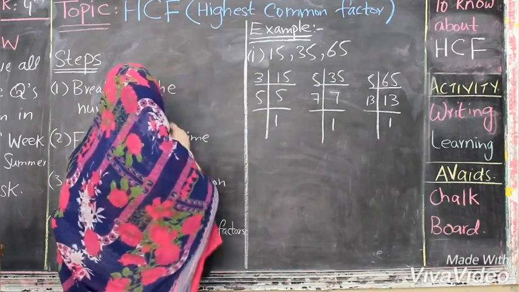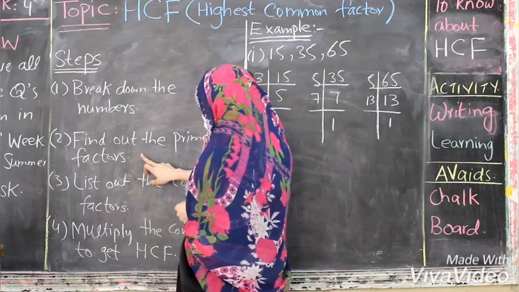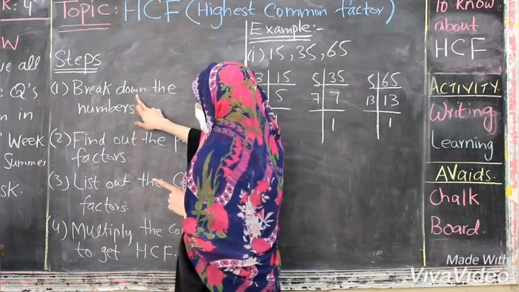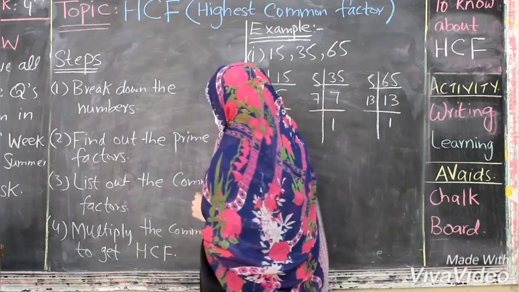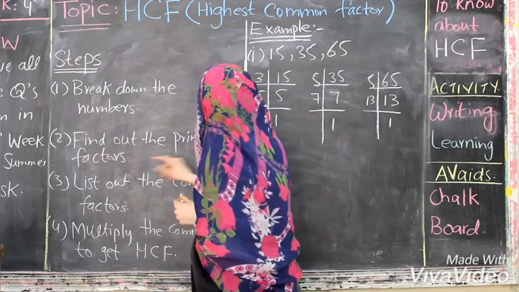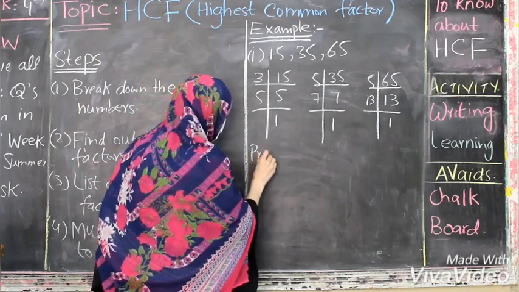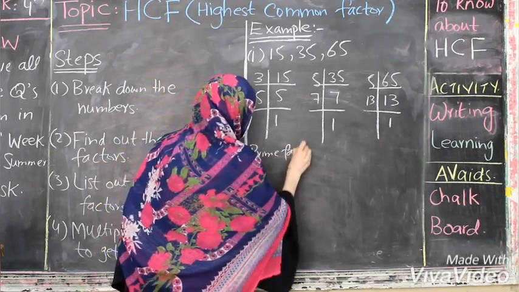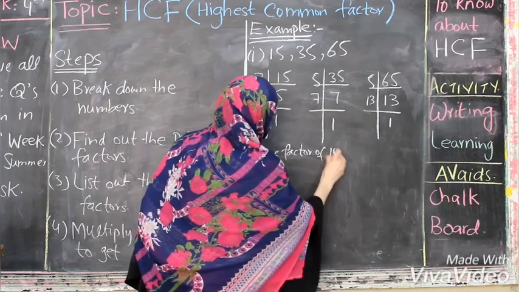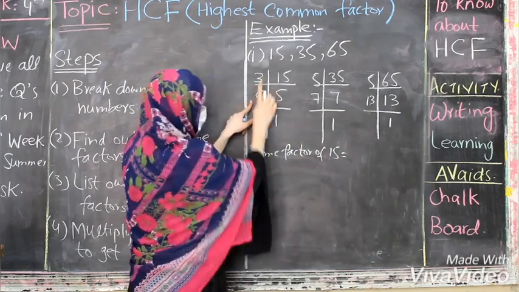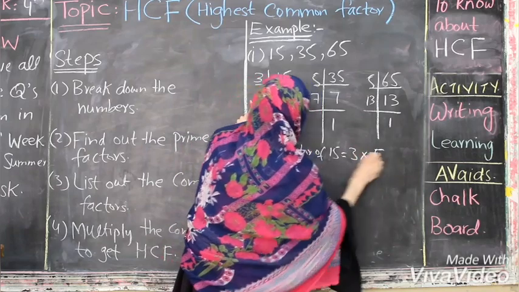Now what you have to do, the second step: you have broken down the numbers, which is the first step. The second step is find out the prime factors. Now you will write the prime factors of each number one by one. So I am going to write the prime factors of 15, which are 3 and 5.